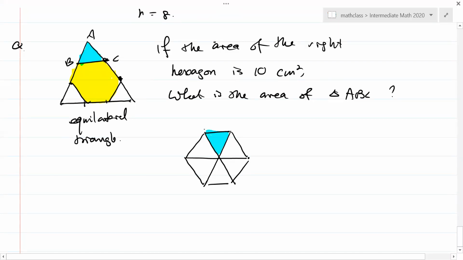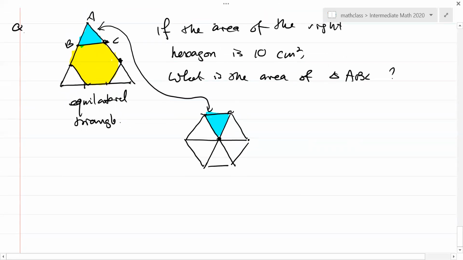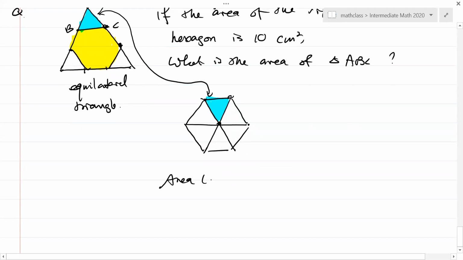And this triangle is the same as the triangle ABC. Those two triangles are actually identical. Therefore the area of the triangle ABC is going to be 10/6, which is 5/3 square centimeters.